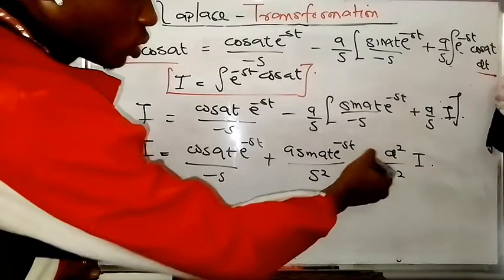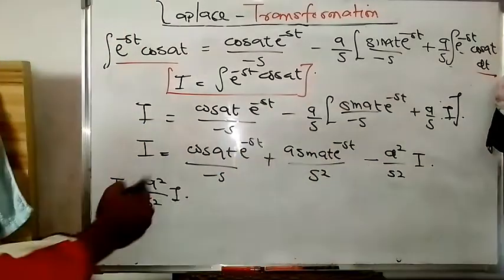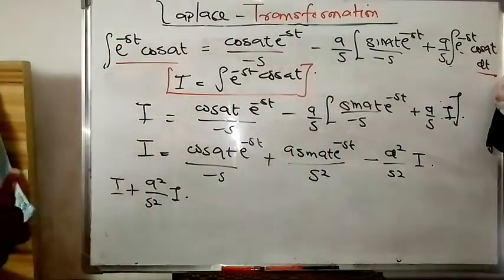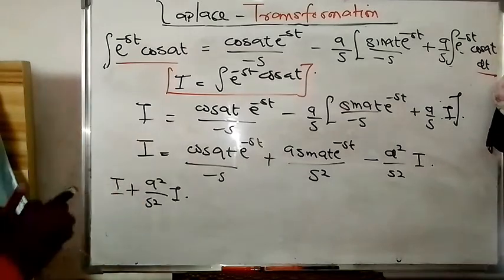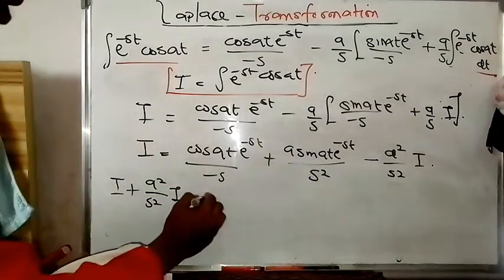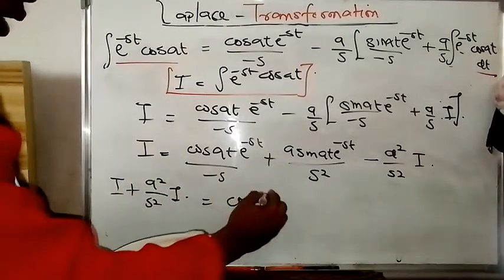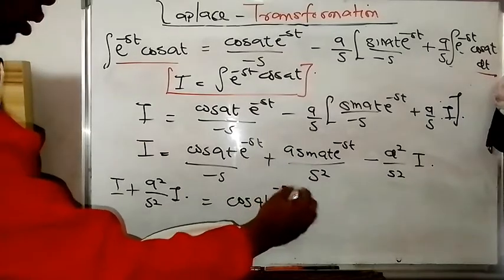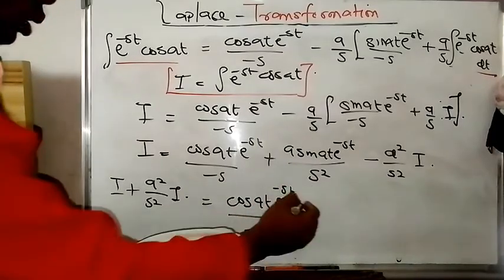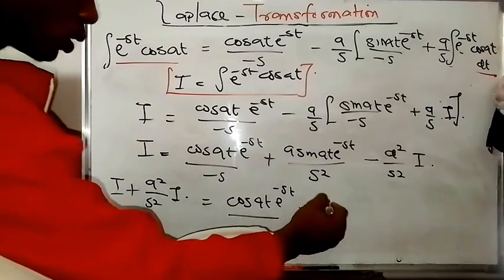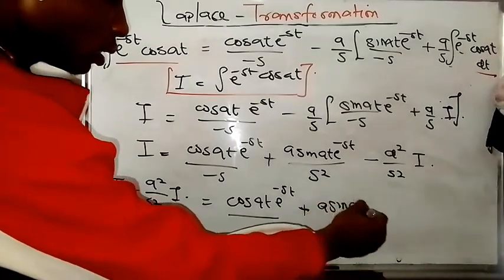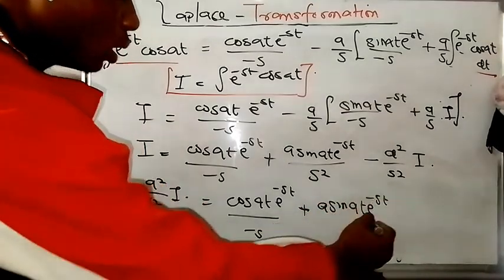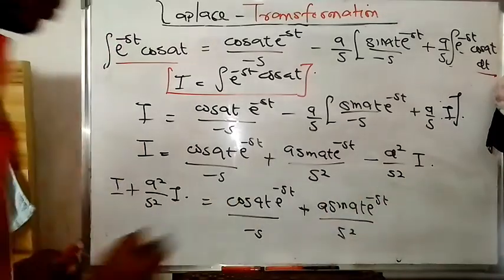So this is minus. So when minus is coming back to the other side, it becomes plus. So let's equate this to cos at e^(-st) divided by -s, plus a sin at e^(-st) divided by s squared. So this is what we are having.